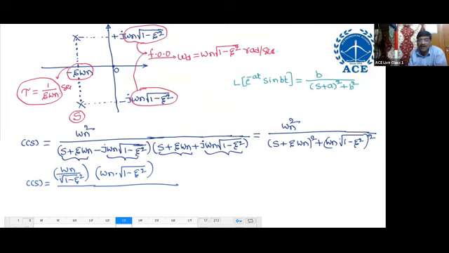Denominator same: (s plus zeta omega n) whole square plus (omega n root of 1 minus zeta square) whole square. Apply inverse Laplace transform, then write C of t. What is C of t? Tell. Omega n by root of 1 minus zeta square.